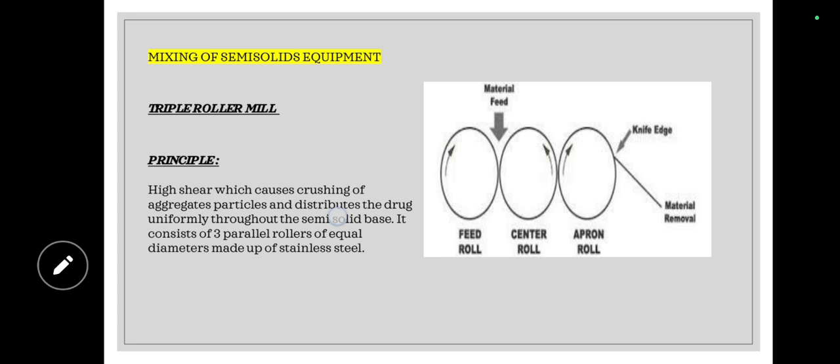Mixing of solid powders in ointment base. This is called mixing of semi solids in the triple roller mill. This is totally homogenization and mixing.